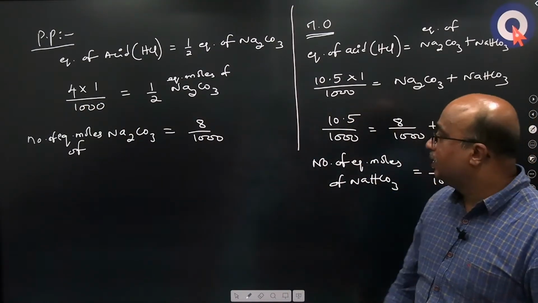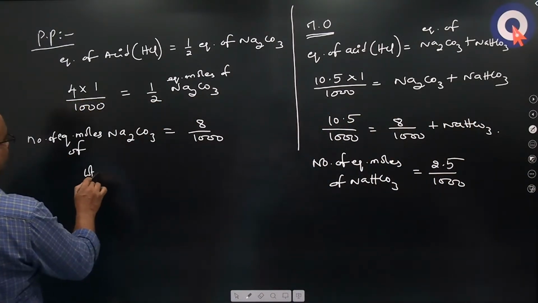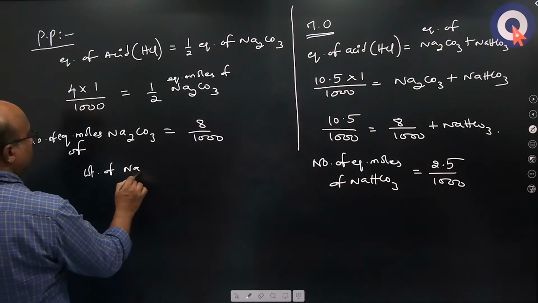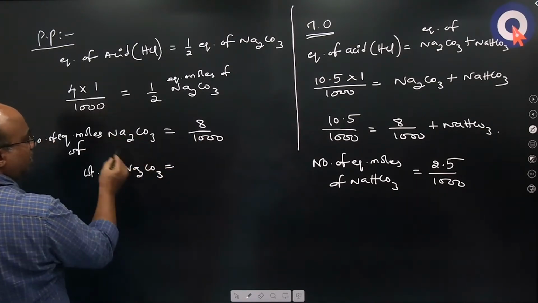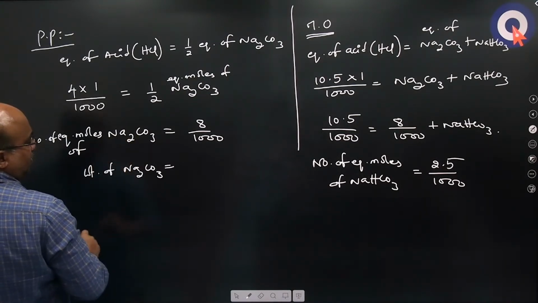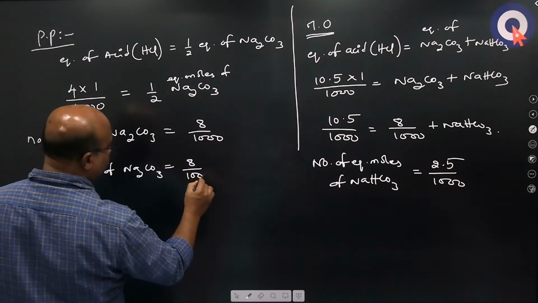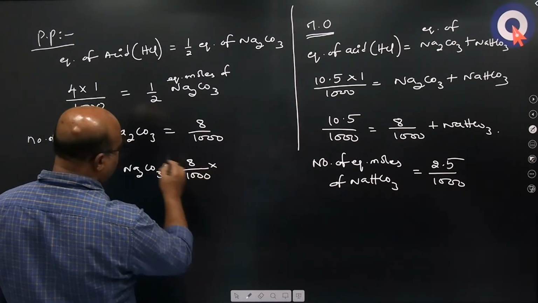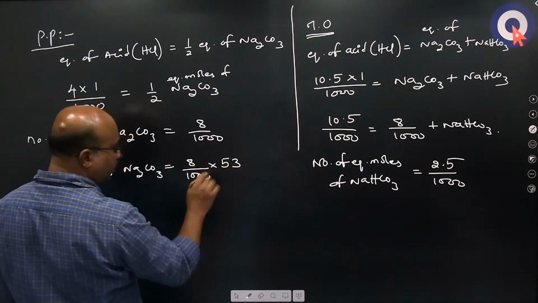Now what is the weight of Na2CO3? Weight of Na2CO3 will be equivalents into equivalent weight. What is the equivalent weight of this? The n factor is 2. So it is 8 by 1000 into 106, the molecular weight of Na2CO3, by 2, which is 53, its equivalent weight.